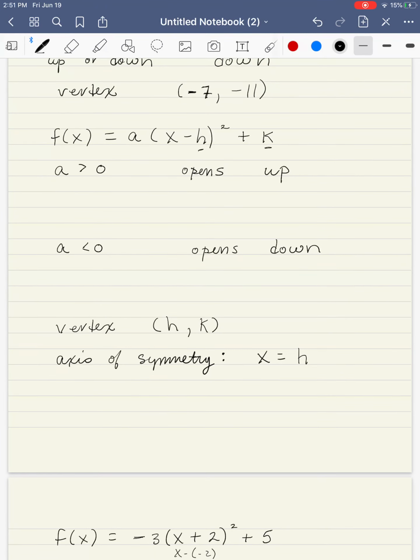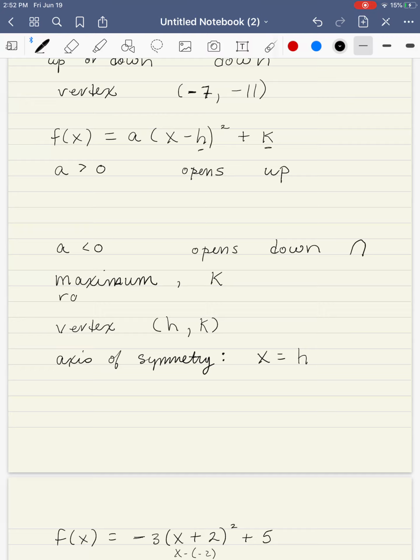Let's look back and see if we can see a pattern here with the h and the k. Notice here where I'm opening downward, I'm always drawing a graph that looks like that. I'm always going to have a maximum, and that maximum is always going to be the y-coordinate of the vertex.